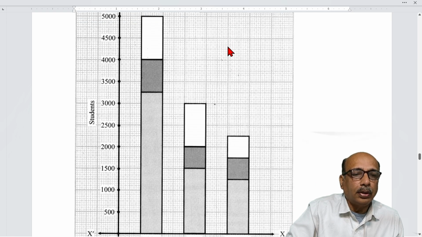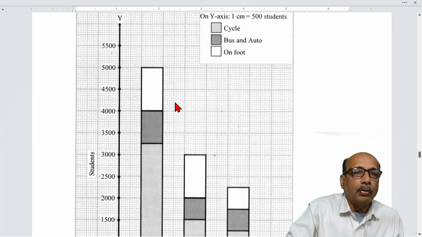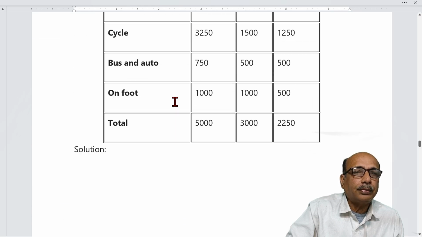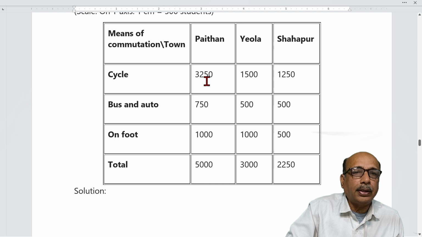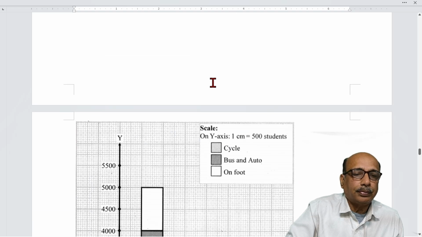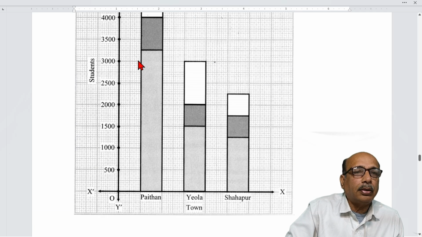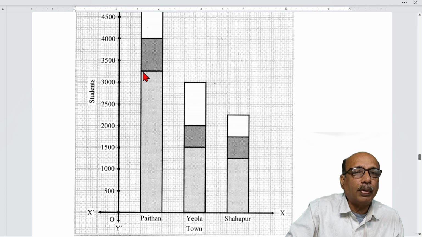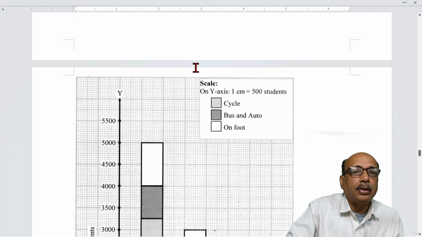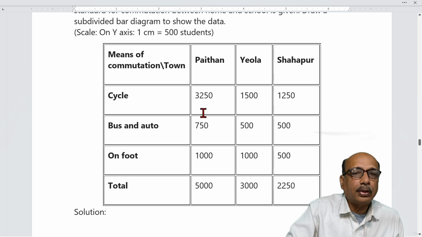Now, here is what you will do. For example, 3,250 students go by cycle, plus 750 students go by bus or auto.